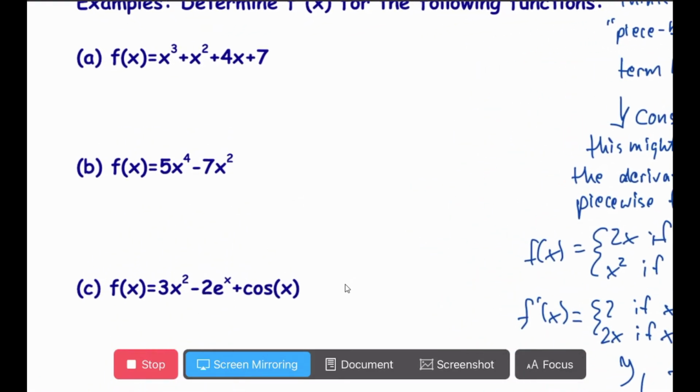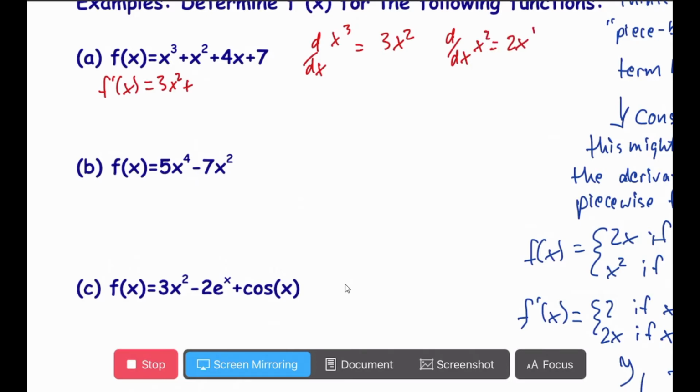So f prime of x is equal to d dx of x cubed, which is 3x squared, plus our next derivative, d dx of x squared, which is 2x to the power of 1. I don't need to rewrite that power of 1, so I'm just going to write 2x. And d dx of 4x, well, that's just going to be 4.